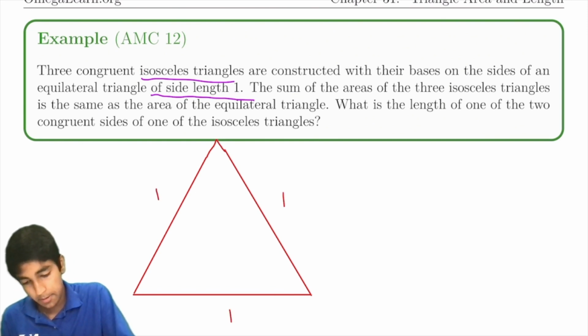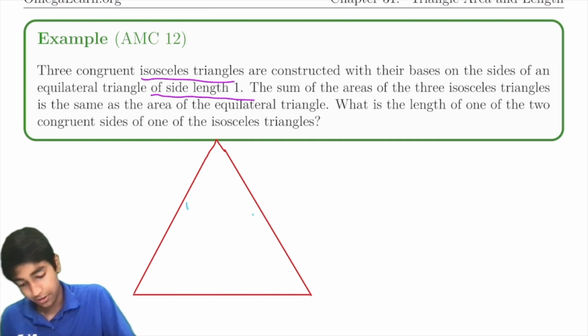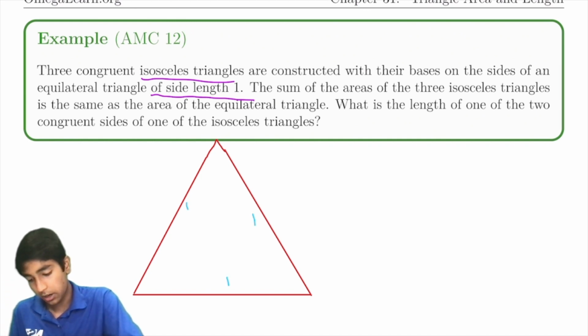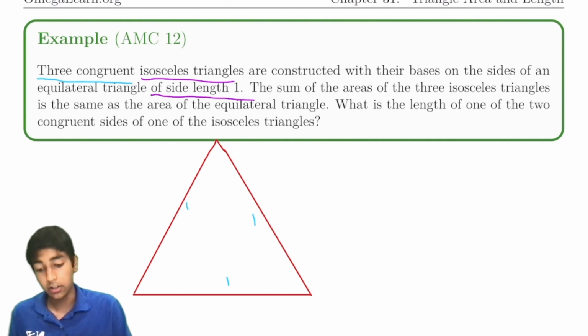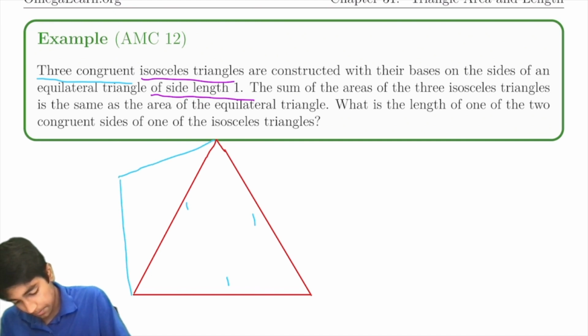Or maybe let's write that on the inside, because we're going to be putting isosceles triangles on the outside. 3 congruent isosceles triangles are constructed on this base. So maybe something like this, something like this.